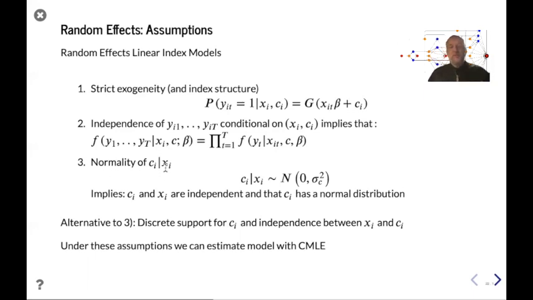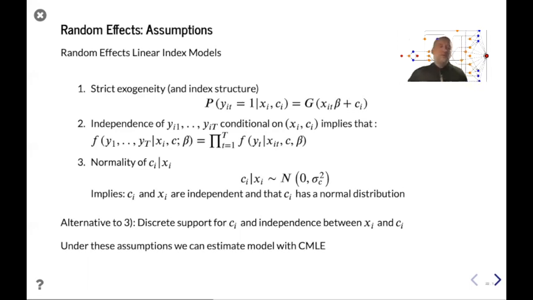Then you have normality: the unobserved effect c_i, conditional on the sequence of observations x_i, is normally distributed with mean 0 and a constant variance, so it doesn't depend on x.